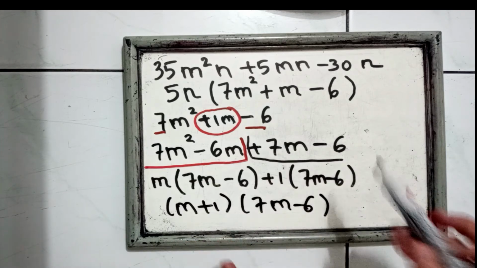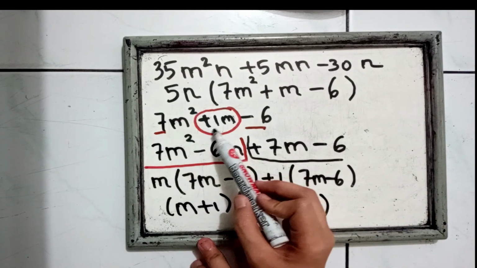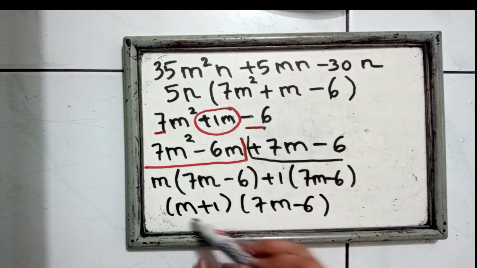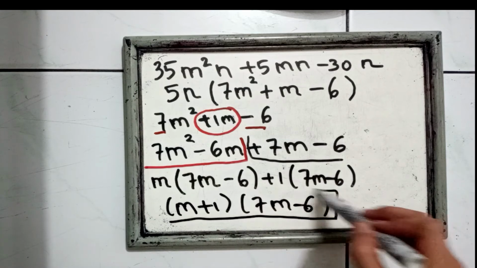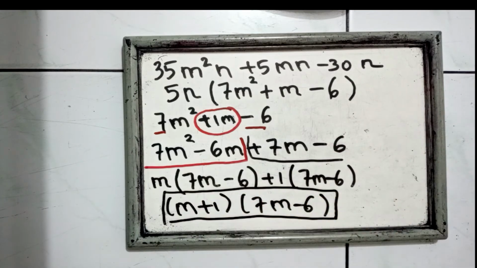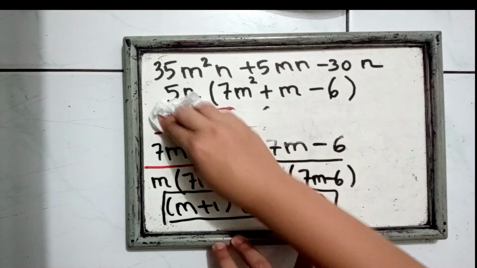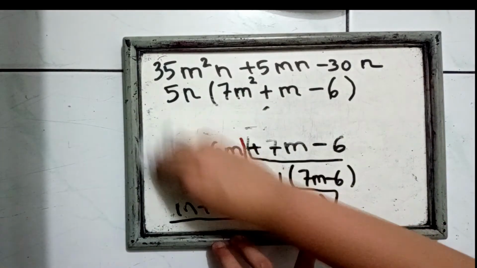Yeah. So we know now 7m squared plus m minus 6, if you factorize that, you will get this. So the conclusion of the factorization, I'll erase this. Yeah, you can take the screenshot. So how to find the factorization of this question?